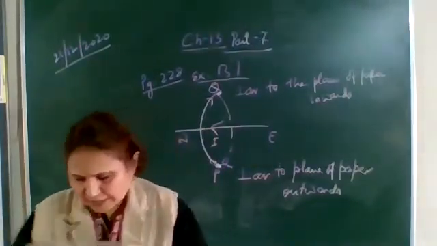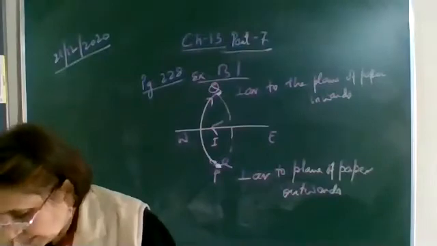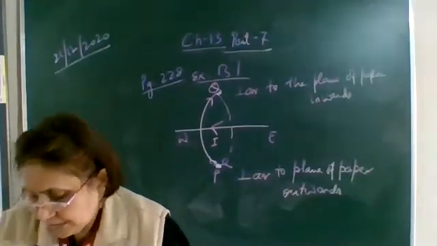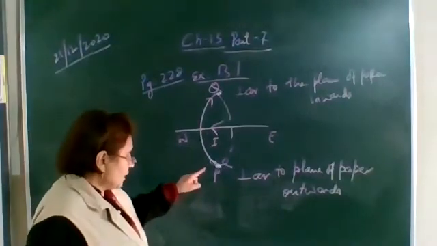Now in the book it is given that the magnetic field at a point below is from north to south.